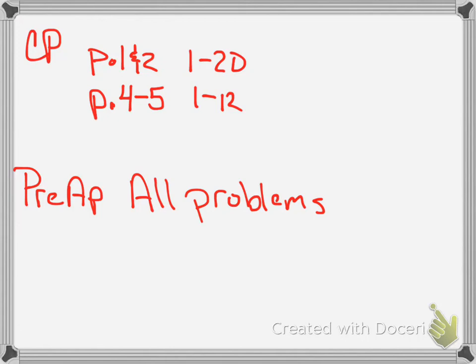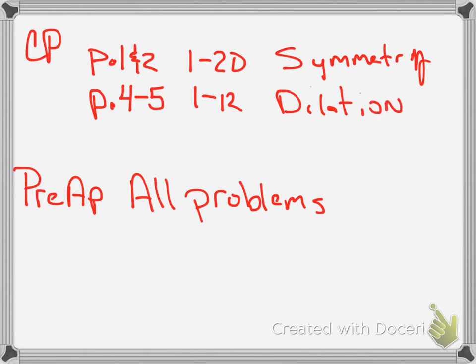On pages 4 and 5, you can do problems 1 through 12. This one right here should be symmetry, and this one right here should be dilation. And then for the pre-AP classes, I want you to do all the problems, and that should be it.